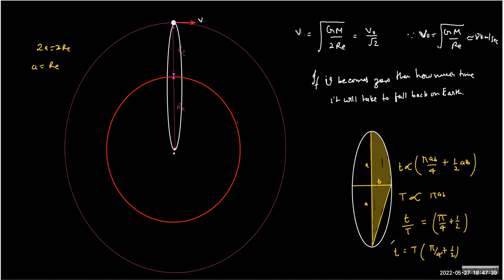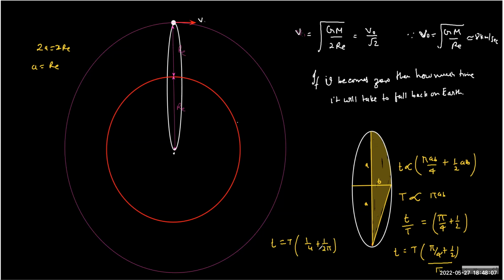Okay, let me do pi by 4 plus 0.5. It is 1.28. Just a moment, pi AB upon pi. I missed the pi part. That's the mistake. So t turns out to be capital T into 1 by 4 plus 1 by 2 pi.